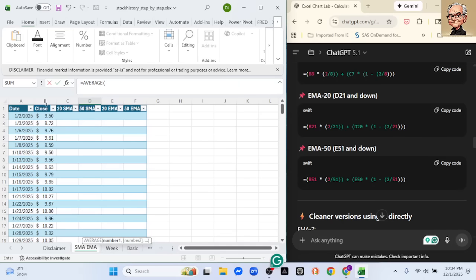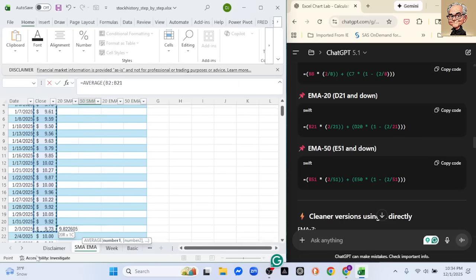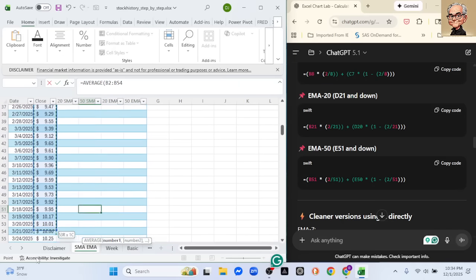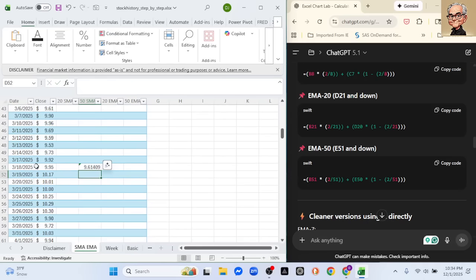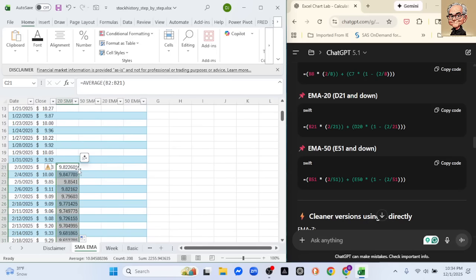Again, it's called simple for a reason. It's just a straight averaging. Let's continue this down. There we go.